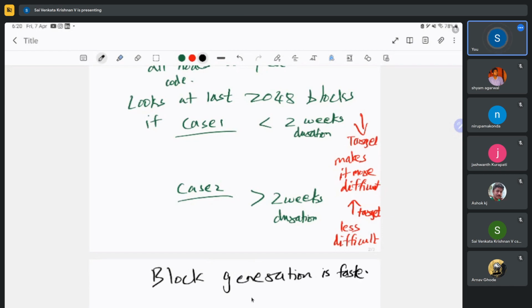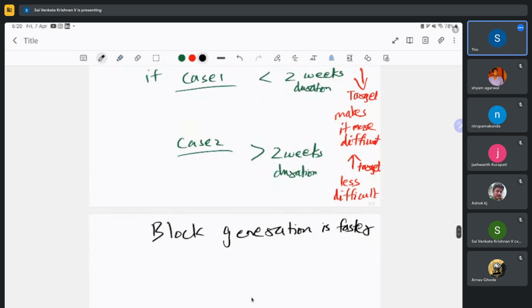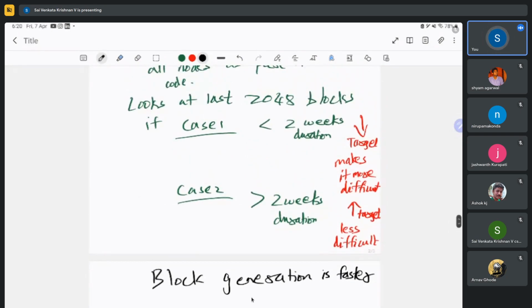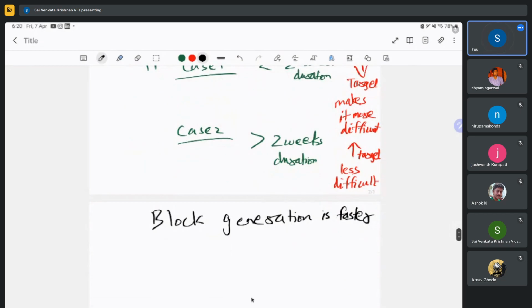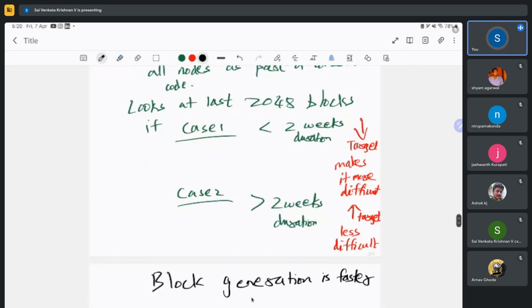If I want to have a block every 1 second or so instead of 10 minutes, you reduce the difficulty and increase the target in such a way that instead of looking at the last 2048 blocks or so, you look at more blocks in the past and see whether it's less than the 2 weeks duration and adjust the difficulty accordingly. So by reducing the difficulty, your block generation is faster.